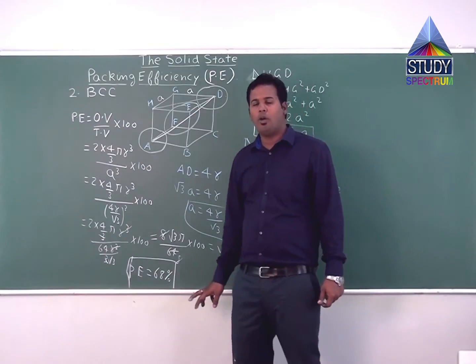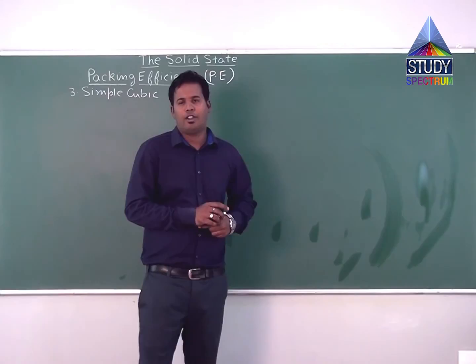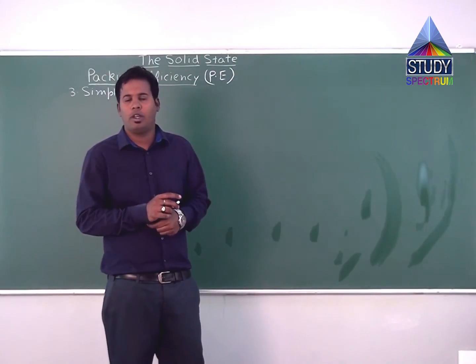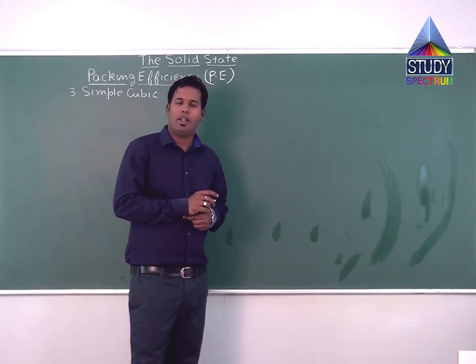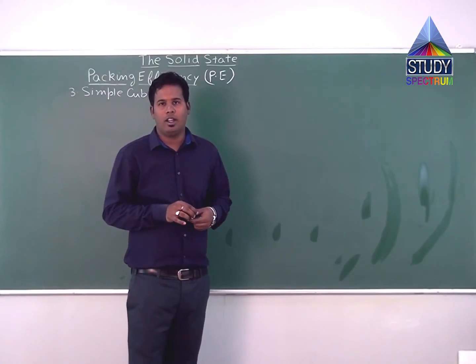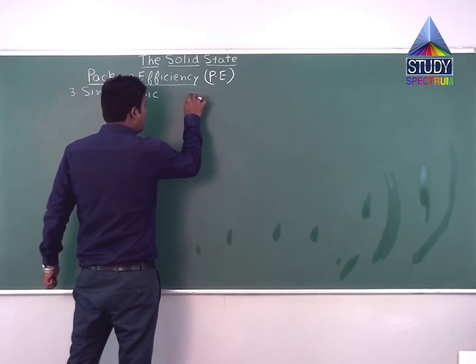Now let us talk about simple cubic. Let's try to find the packing efficiency of the simple cubic lattice, or you can also say primitive cubic unit cell, where the atoms or spheres are present only at the corners of the cubic unit cell, correct? So let us draw the diagram for that first.